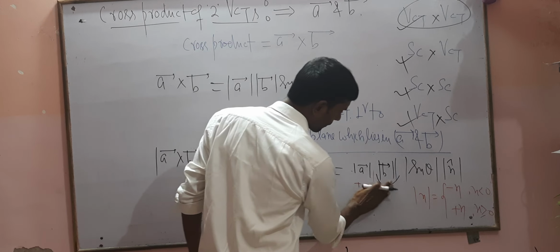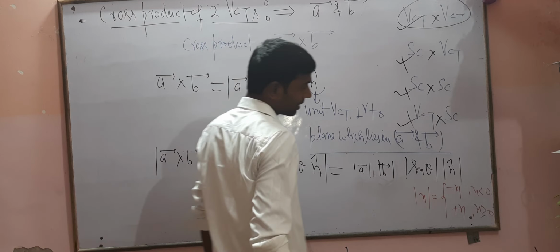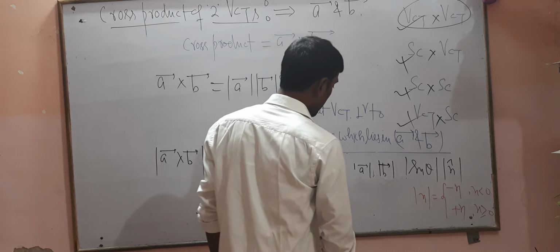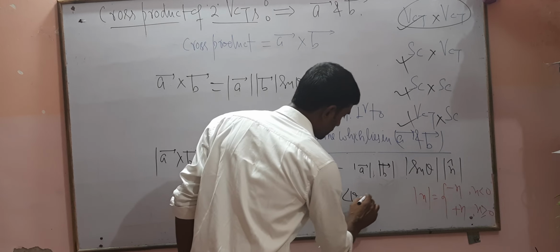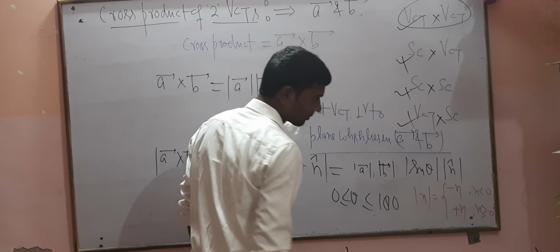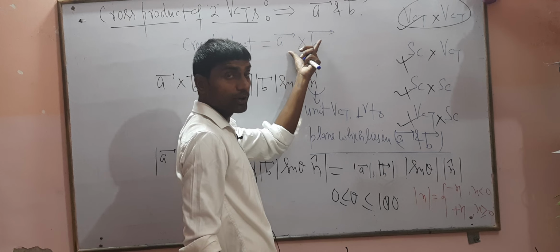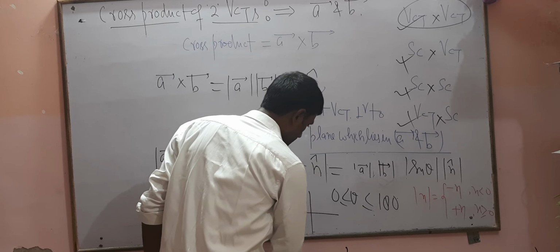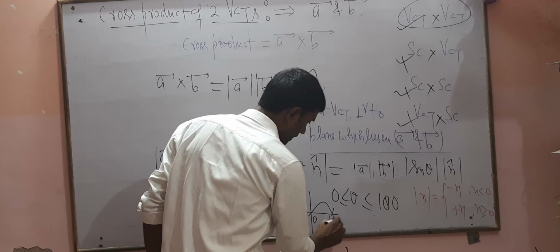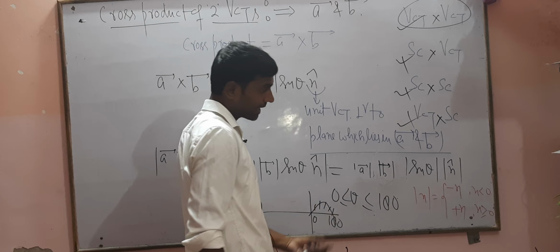So we can say mod of A and mod of B. Here, look, sine theta mod. We know that the angle between A and B will be 0 to 180 degrees. So for 0 to 180 degrees, sine theta must be positive, because this curve is above the theta axis.